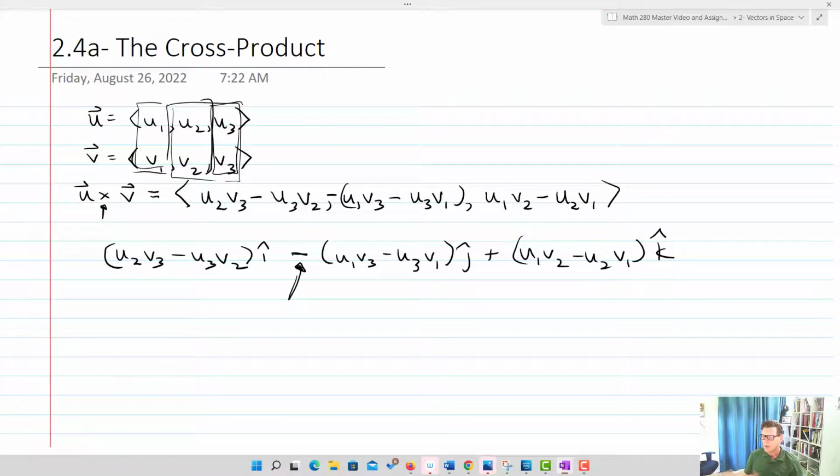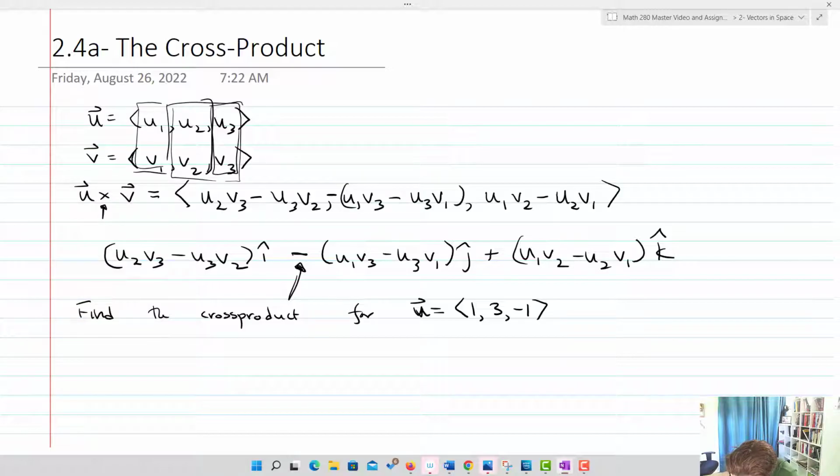Let's do a quick run through. Let's actually do the cross product real quick here. So we'll find the cross product. This is going to be number 4. We'll have u equal 1, 3, negative 1, and we'll have v equal 2, 2, 0. We're first going to find u cross v.